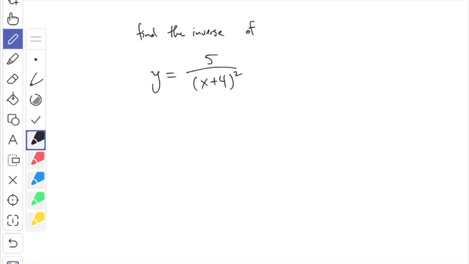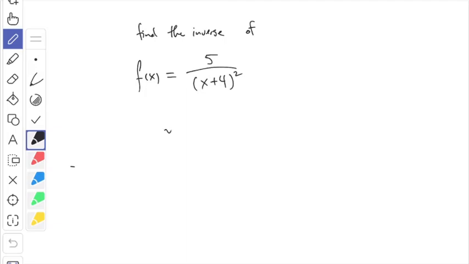I should have written it as f of x because it's supposed to be a function. I mean, it doesn't really matter. So remember the way you do this is you write it as y equals whatever, and then you solve for x instead of y. That's the idea.